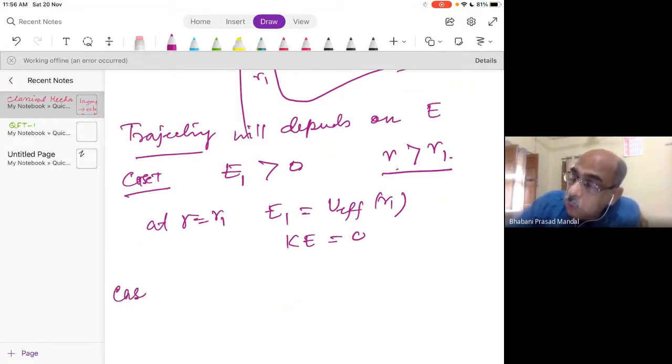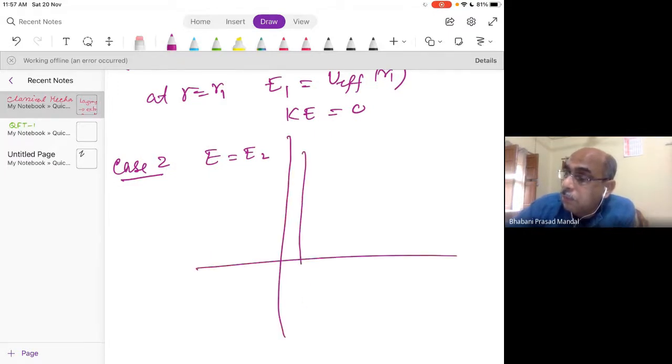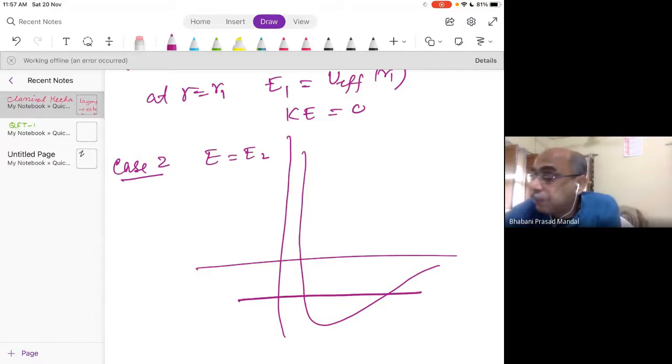Now case 2. So your E equals, say, E2, and let me draw this curve again. Suppose my E2 is here, so now E2 is less than 0, and anywhere less than 0 it will cut in 2 places, that is for sure.